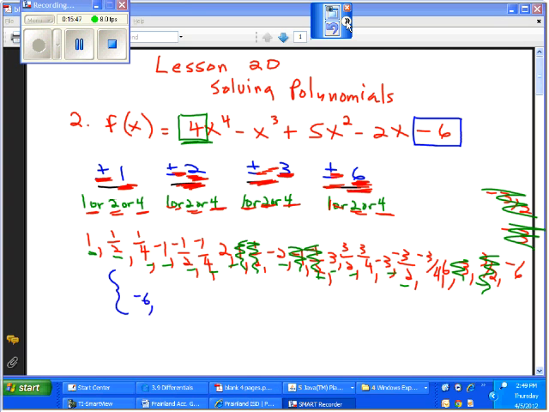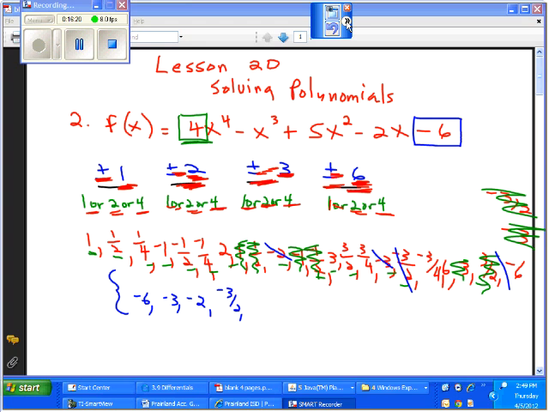The least would be a negative 6. The next least would be a negative 3. The next least would be a negative 2. That took care of that. Negative 3/2 is negative 1 and a half, so it would be next, negative 3/2.